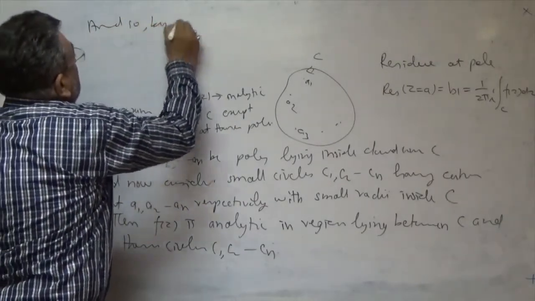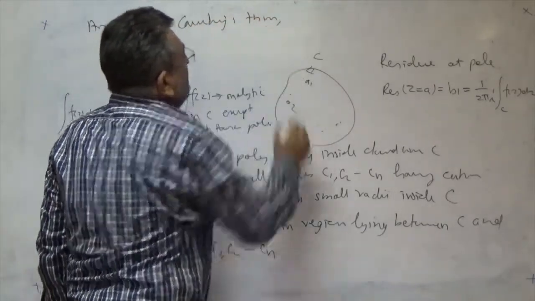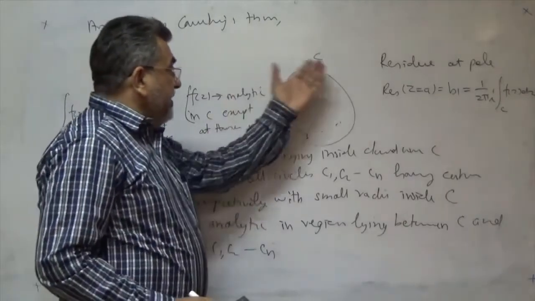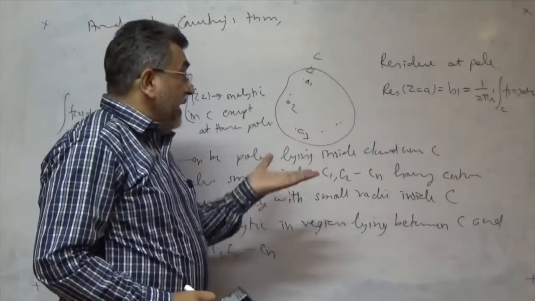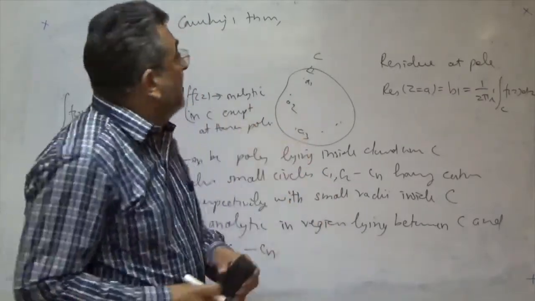So by Cauchy's theorem, because it is a multiply connected region R, that region will lie inside C and outside these circles.